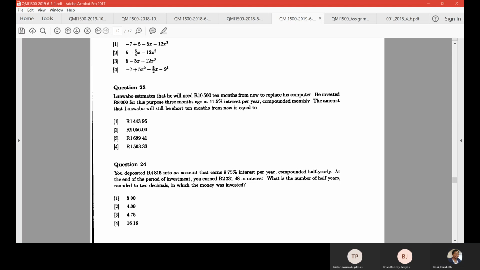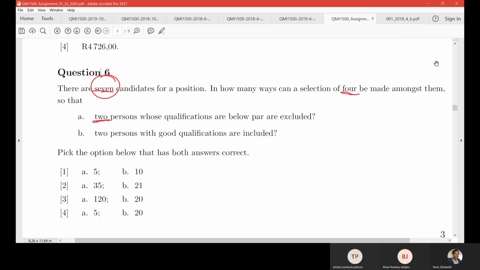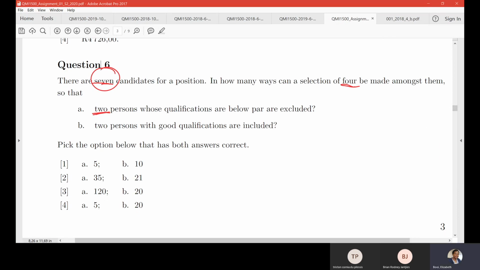This is the present value of compounding interest. This is compounding interest, so it's not time value of your money. So there is nothing on time value of your money in most recent exam papers.